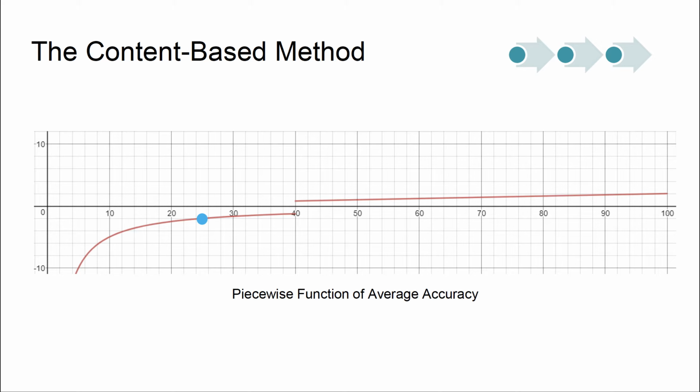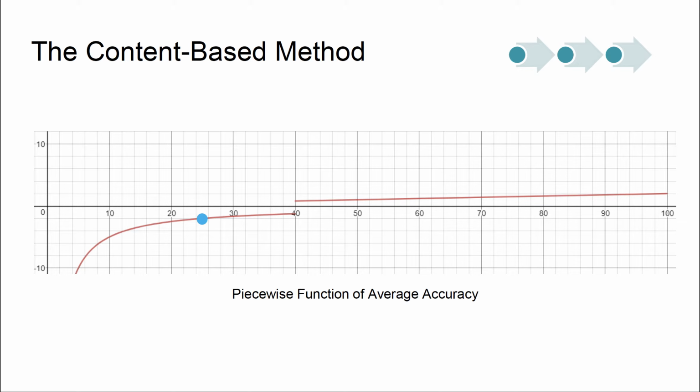From the graph, it's clear that if you have a player that has a higher accuracy average than 40%, we will increase the difficulty slightly. And if the player has a lower average value, we will reduce the difficulty slightly. Our player lies at that blue dot here, 25%, which means that we need to reduce the difficulty by 1 point.